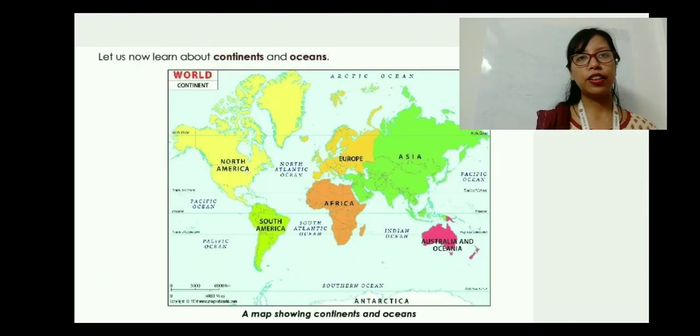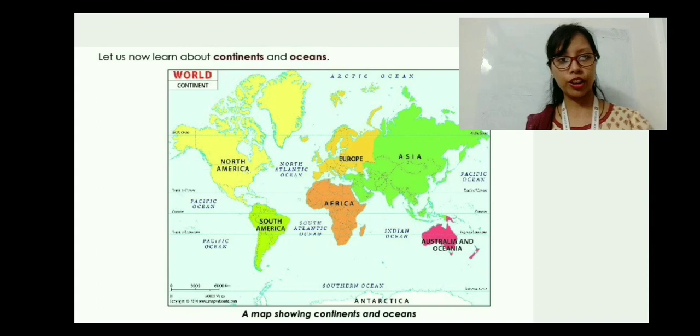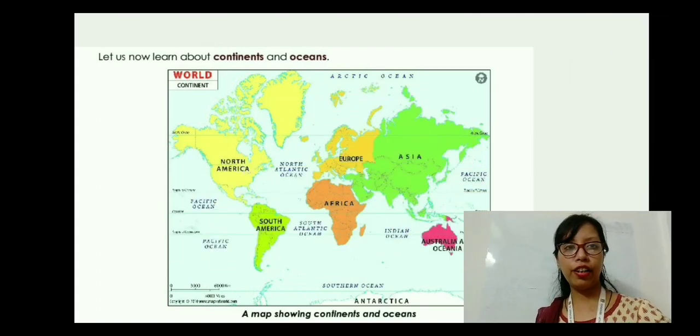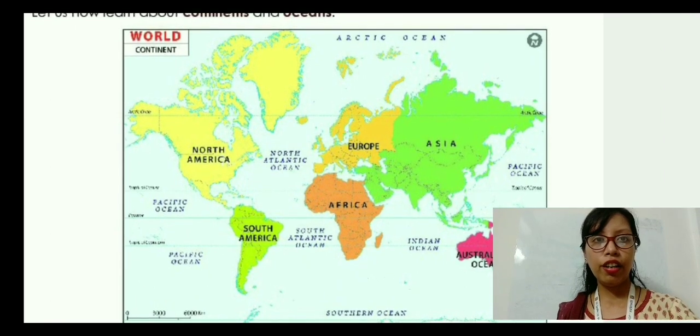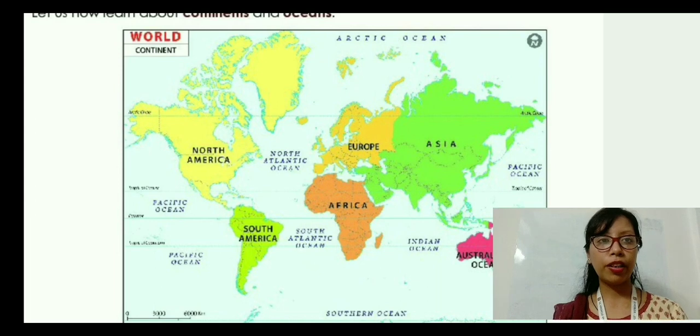Now let's move towards the picture in your book. Now you can see here, this is a map, right? As you can look here, the continents are there: North America, South America, Europe, Africa, Asia, then Australia as well.